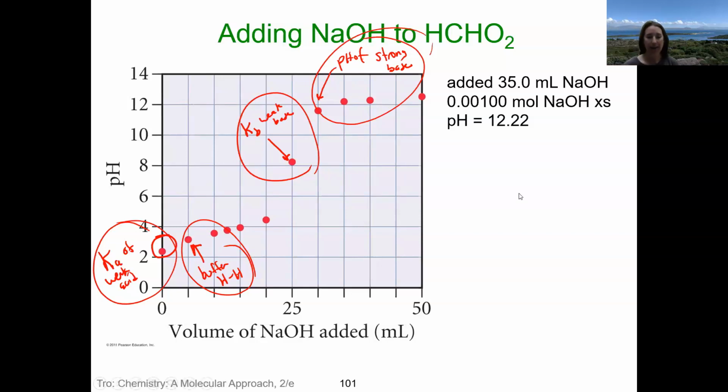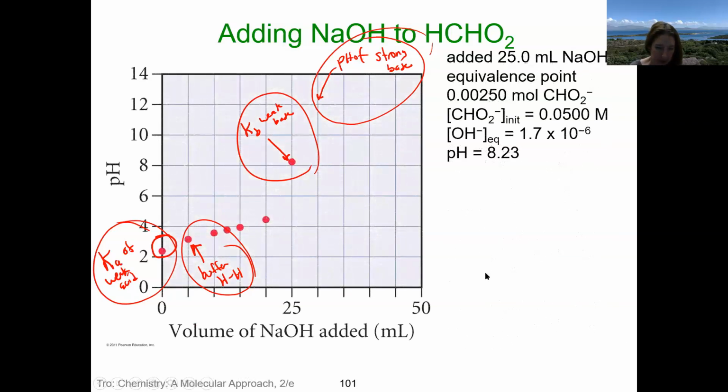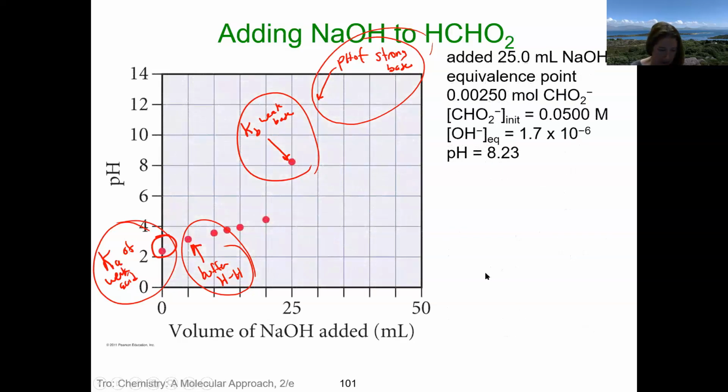I'm going to talk about a half equivalence point, which is a super fun part. Okay, so there's this thing called a half equivalence point. And so at your half equivalence point, which looks like it's about 3.74.